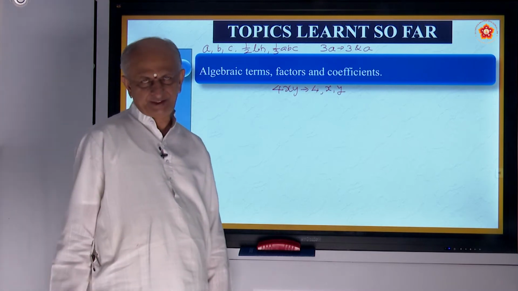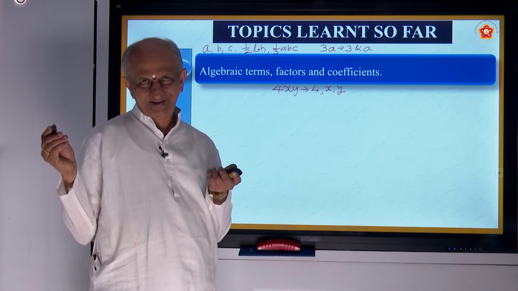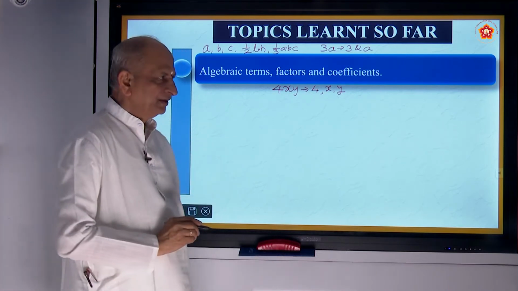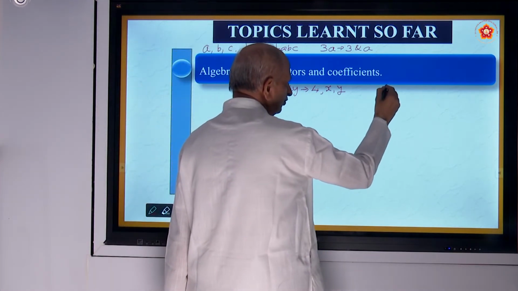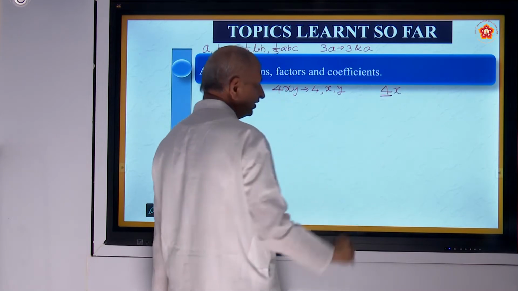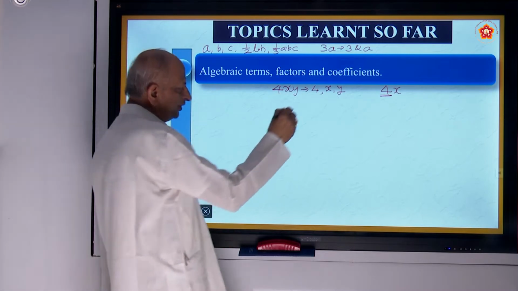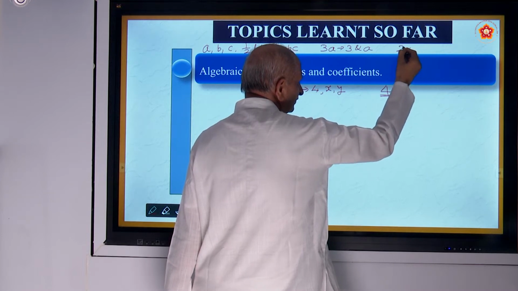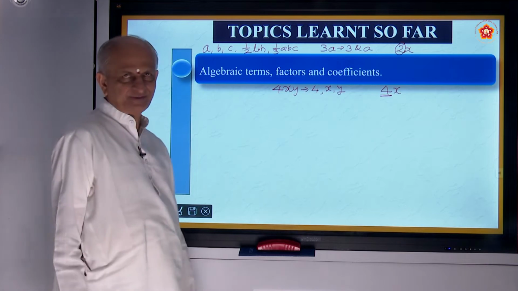And what about coefficients? A coefficient is a term or a number which is multiplied to a given term. For example, if you say 4x, 4 is called the coefficient of x. Correct? Suppose you say 2x, then 2 is called the numerical coefficient of x.